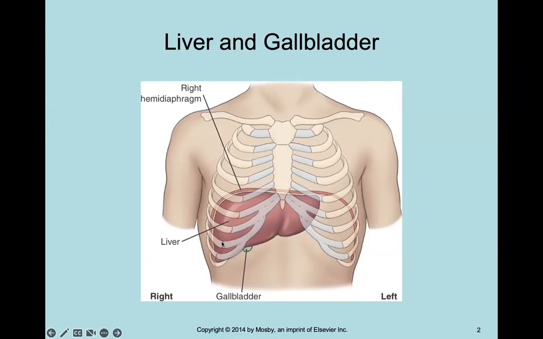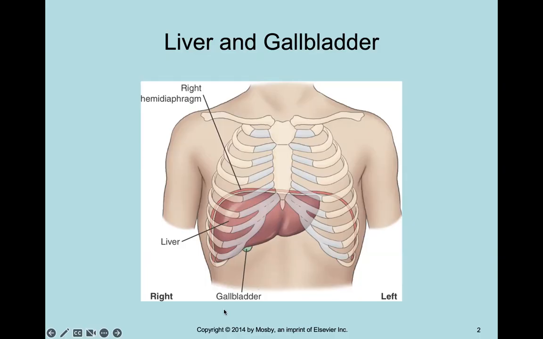On chest x-rays, you'll notice normally that the right diaphragm is usually higher than the left diaphragm, and this is because the liver pushes it up.